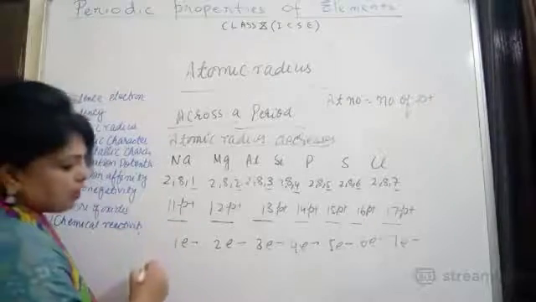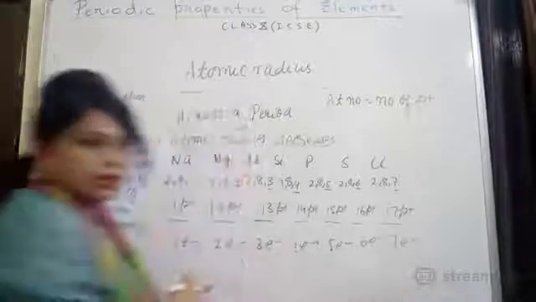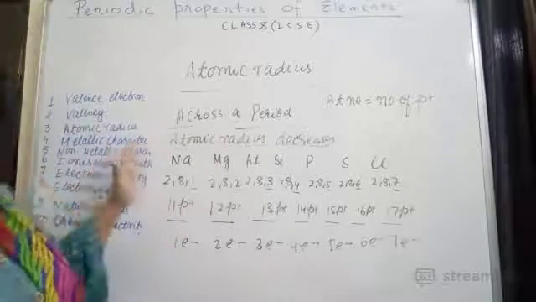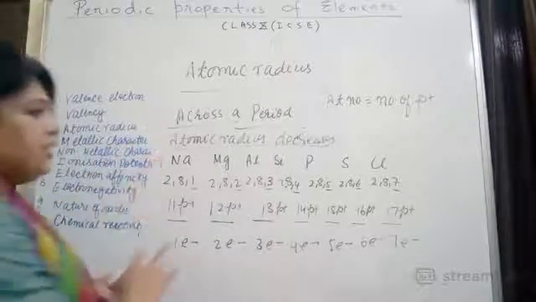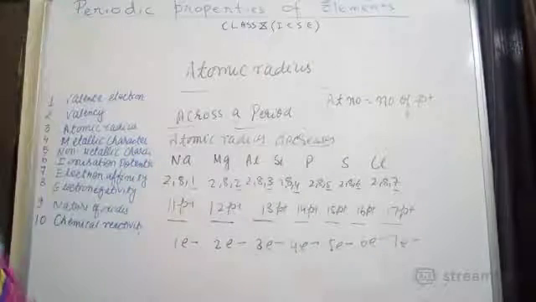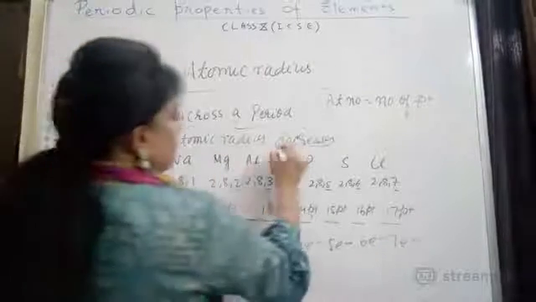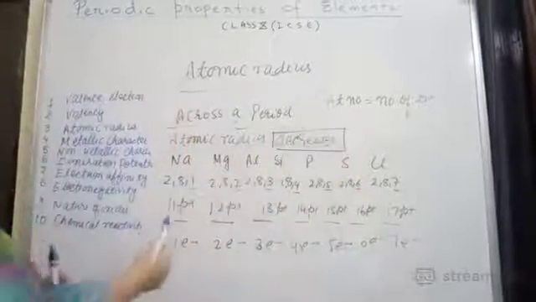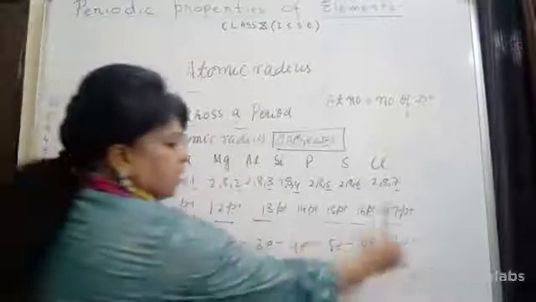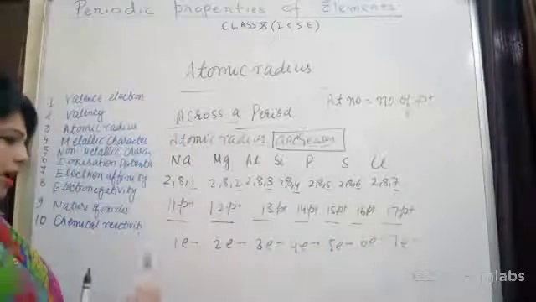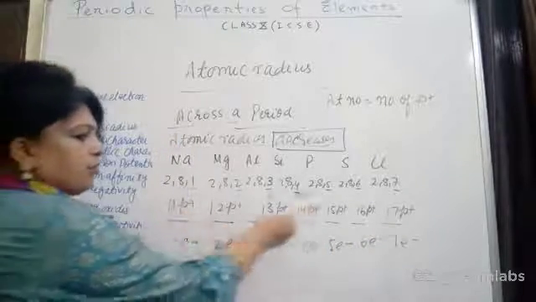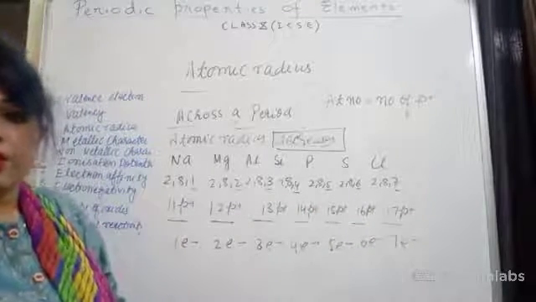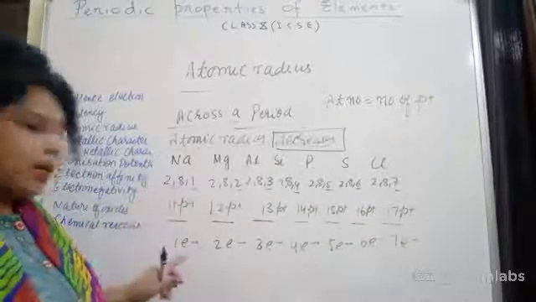So we have understood nicely now. I hope everybody has understood what will happen to atomic radius. When we move from top to bottom, it increases, and across a period atomic size decreases. Now we know the answer. Why does it decrease? Because the number of protons increases when you move across a period, and the number of valence electrons also increases. So there will be a force of attraction between positive and negative.